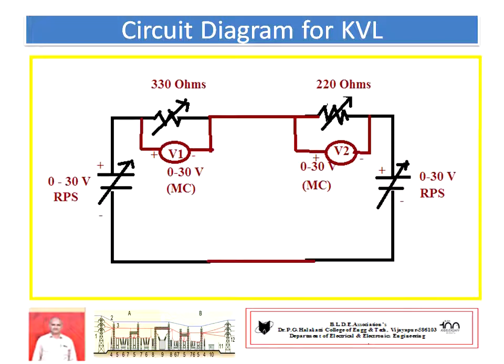Across R1 we want to measure voltage. We give the positive end of the voltmeter to one point of the resistance, and the negative end of voltmeter V1 is connected to the other end of the resistance. This is parallel to the 330 ohms resistance, as shown in the figure.